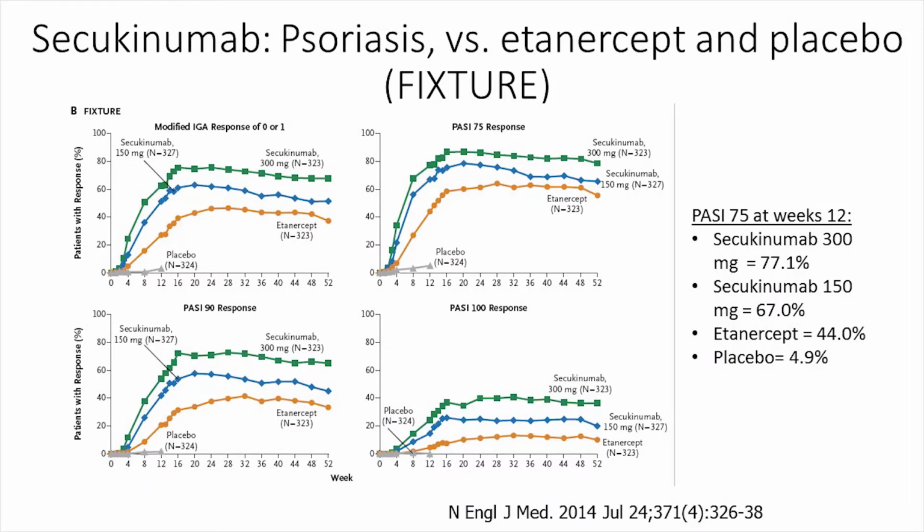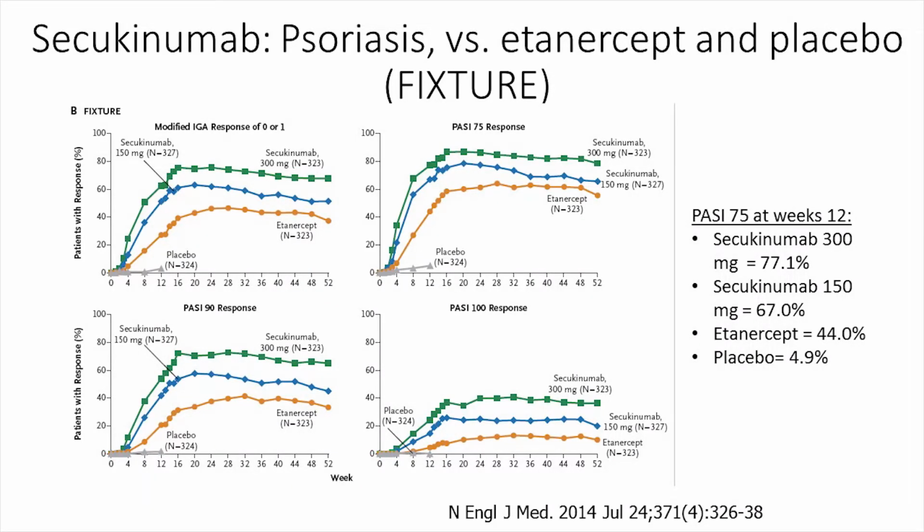And so what we can see here is, if we look at responses of IGA 0 or 1, we see one, that Secukinumab is definitely more effective at the 300 milligram dose, and we can see that it is more effective than etanercept, and also, as expected, very low placebo rate in the first 12 weeks, which was the placebo-controlled period.